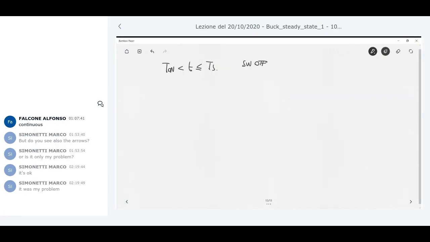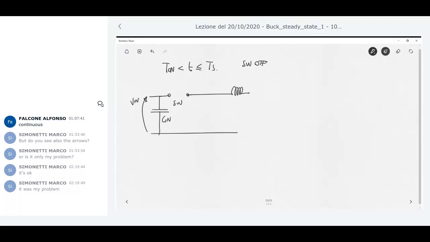Let me redraw the circuit. So the switch now is off, and by hypothesis, the ideal switch can be considered as an open circuit. I have here C in, V in.